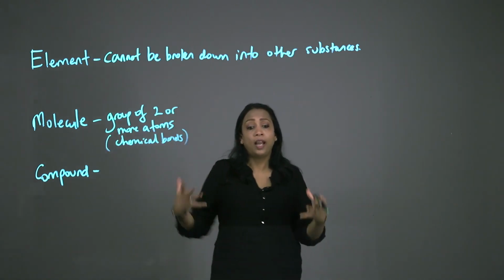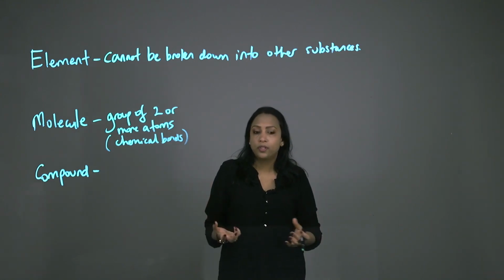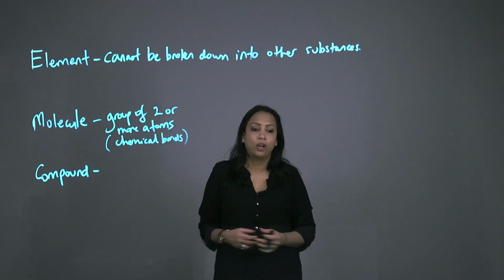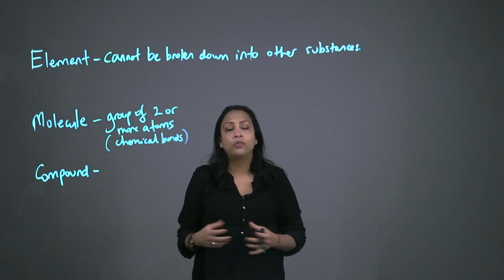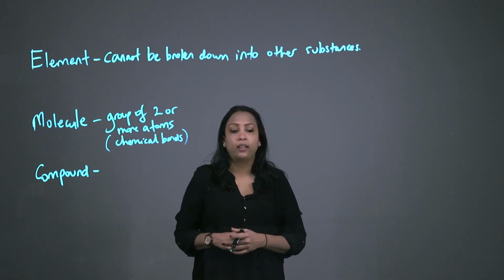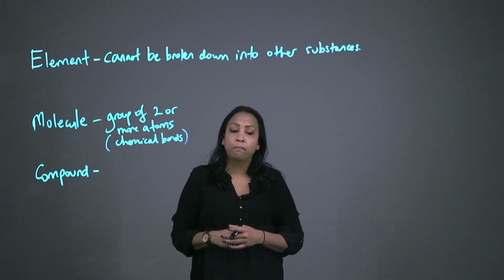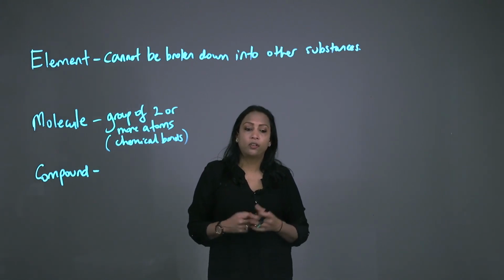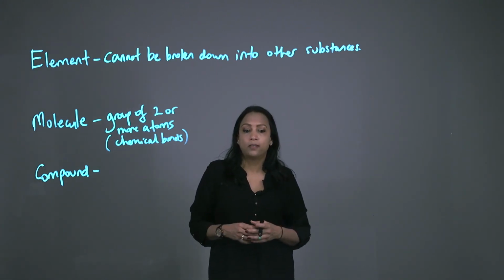So I can have a molecule of water, a molecule of glucose, or a molecule of carbon dioxide. Molecules are represented by chemical formulae as well as structural formulae, which we have shown you here today, which gives us an idea of the 3-dimensional configuration of the molecule in space.